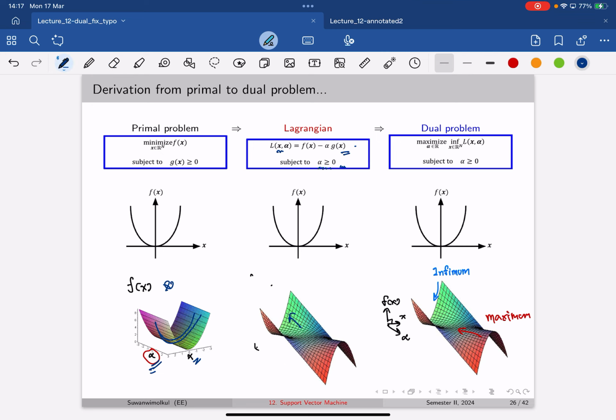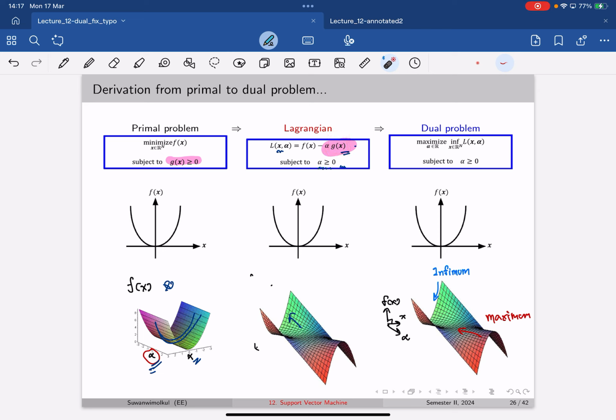But as you know, you have to consider the condition that g(x) can be true, but this time you turn it to Lagrangian. This means that alpha should have some small value such that it relaxes your primal objective function, but also enables your g(x) to keep its condition the same as the primal.